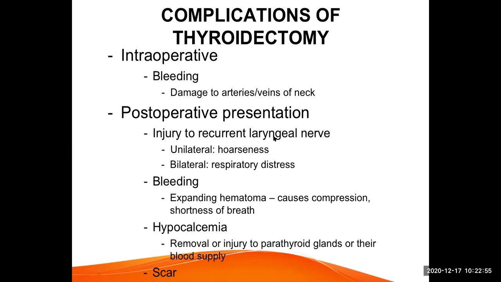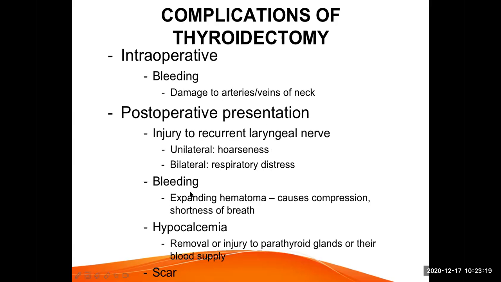And sometimes these are damaged. So next morning, when the surgeon comes for the round, they ask the patient to speak something and check for hoarseness, and they also do laryngoscopic examination to make sure the movement of the vocal cords is fine.